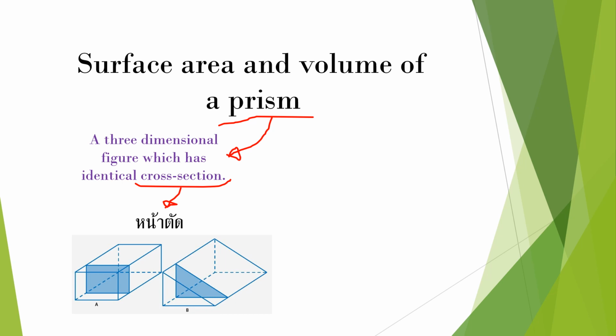Now, if we are going to cut from the front through the back, the cut is always a rectangle. It cannot be a square, it cannot be a triangle, it cannot be a circle or any other shape.